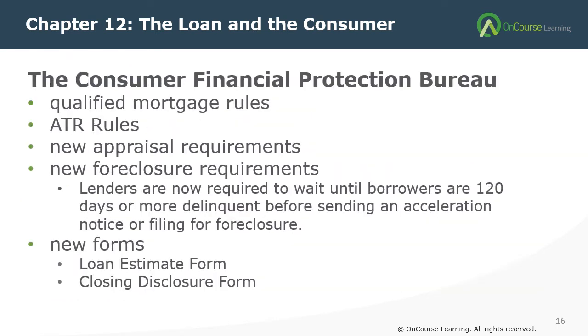The Consumer Financial Protection Bureau is a bureau that was put in place after the 2008 financial meltdown, and it applies to all financial products. It qualified certain mortgage rules. In other words, mortgages can't be longer than a certain length in time.